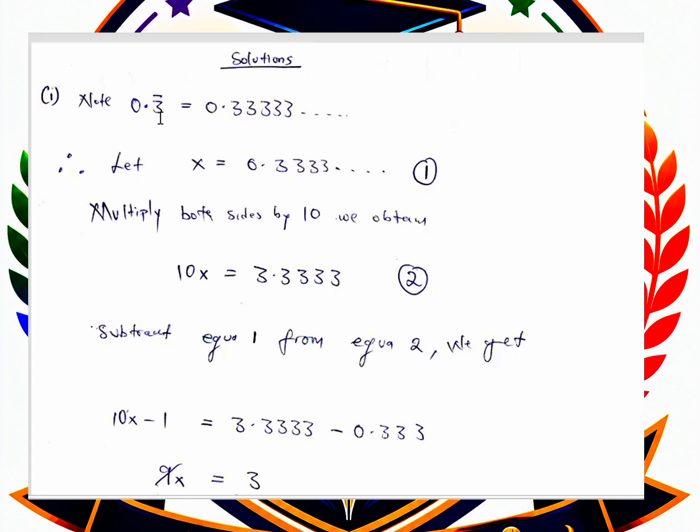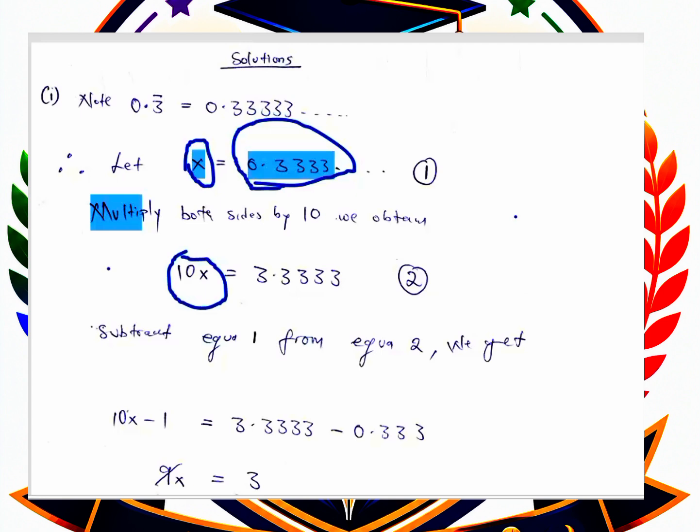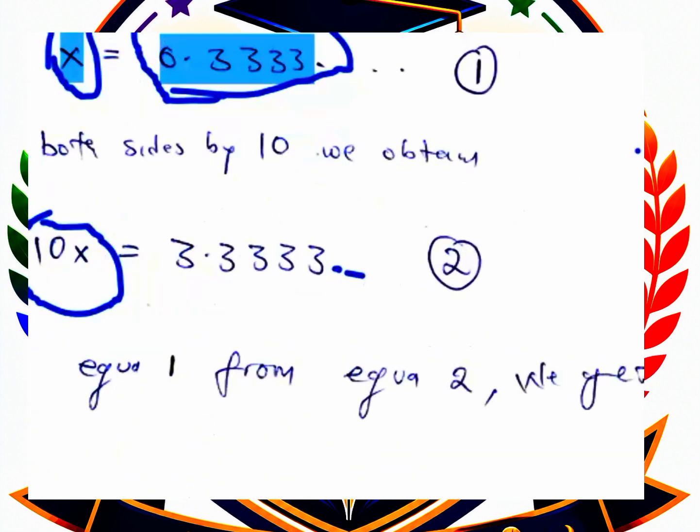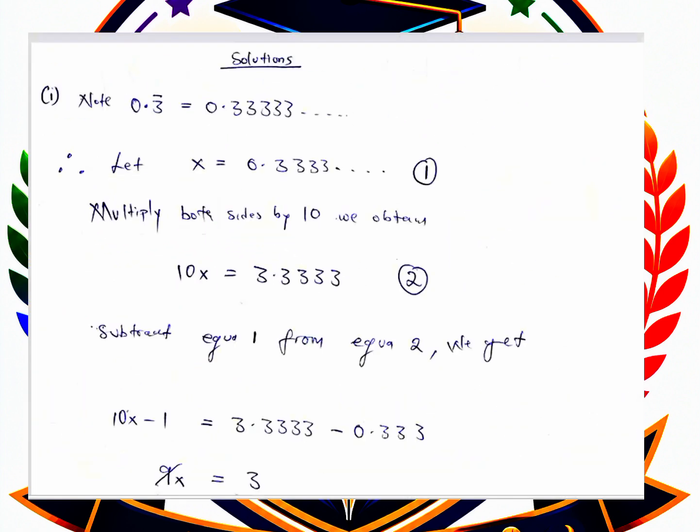Once we do that, we'll multiply both sides by 10. After we do that, we obtain 10x, which is equal to 3.333, and the 3 keeps on repeating itself. We mark this as our equation 2.